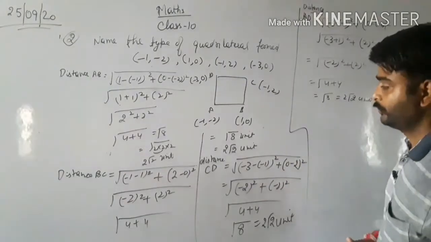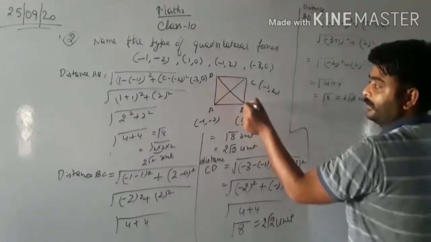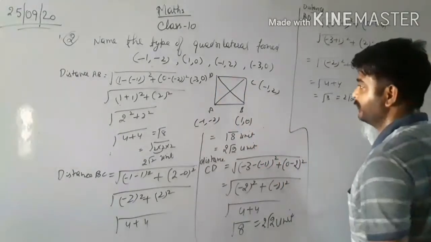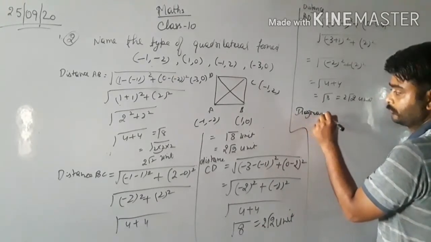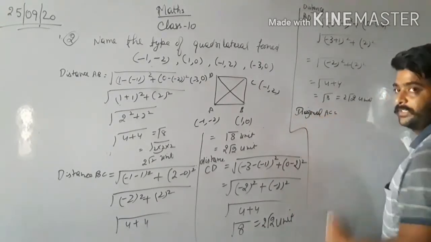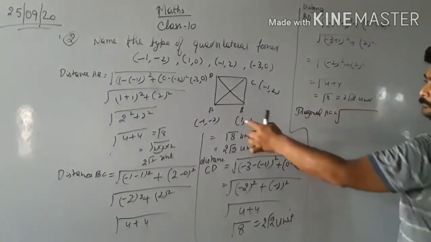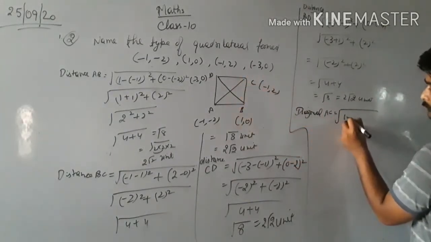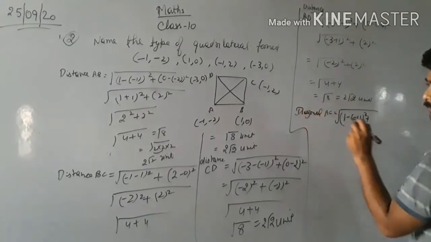Okay. So class, to find the diagonals, what is a diagonal? It is AC and BD. Diagonal AC is equal to root of 1 minus -3 whole square plus 0.